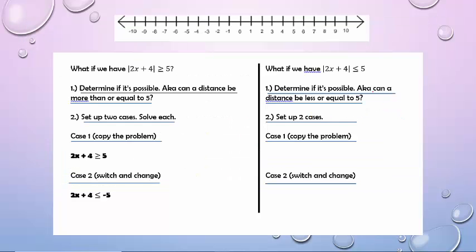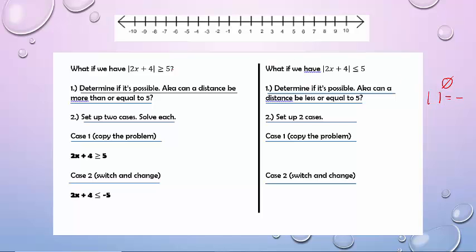So we'll do a classic example here. We have absolute value greater than or equal to 5. So step 1, because it's absolute value and its distance, it has rules. So if you recall, you can't have a distance equal a negative number. So we were writing no solution if this ever happened because it's not possible for distance to be negative.